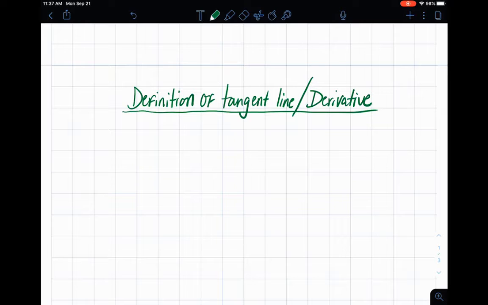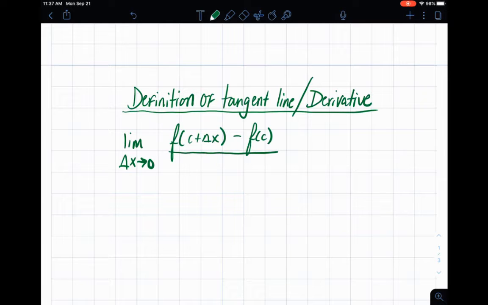The formal definition here is going to be the limit as delta x approaches 0 of the change of y over the change in x, which is f of c plus delta x minus f of c, over delta x.